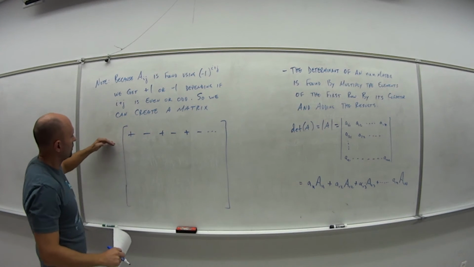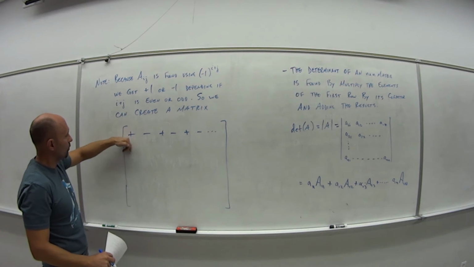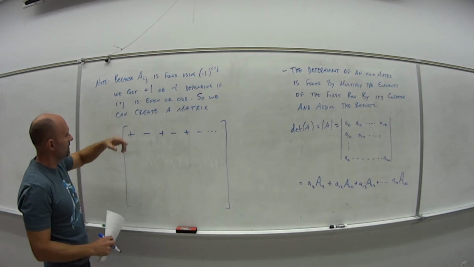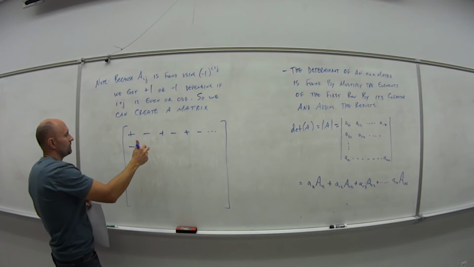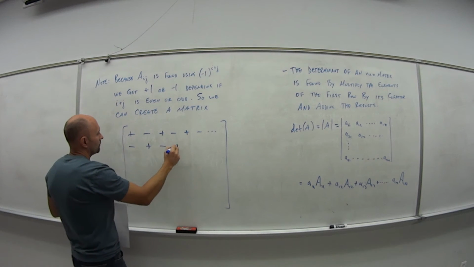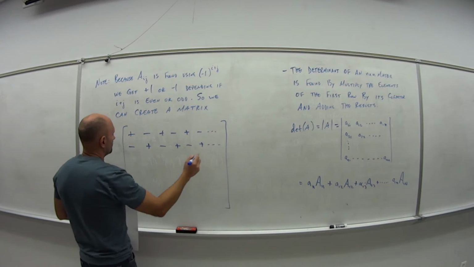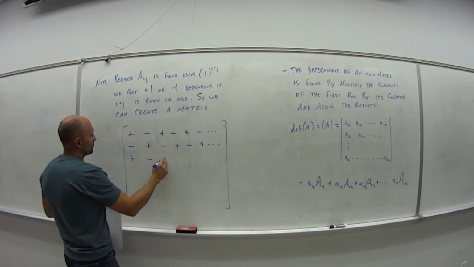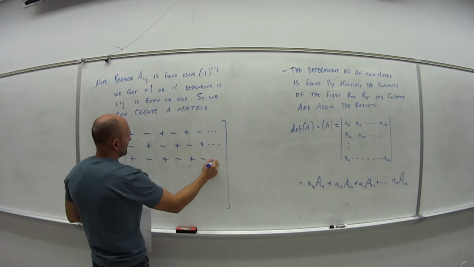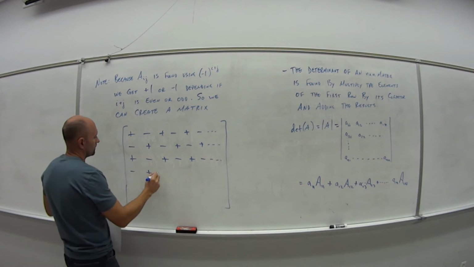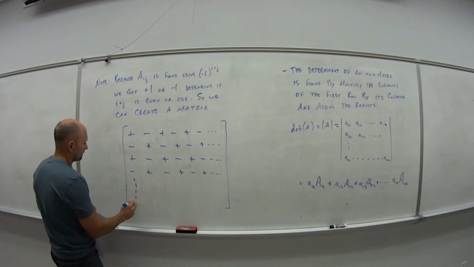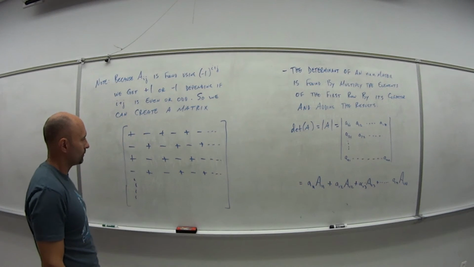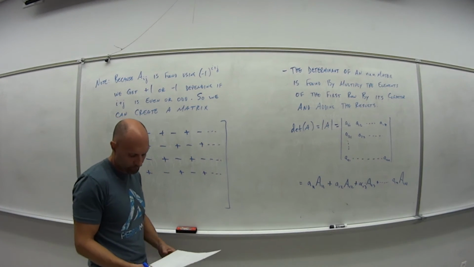Row 2, column 1. 2 plus 1 is 3, that's odd, so negative. 2 and 2, even, positive. Negative, positive, negative, positive, etc. This is just going to keep alternating all the way to the end, no matter how big your matrix is.